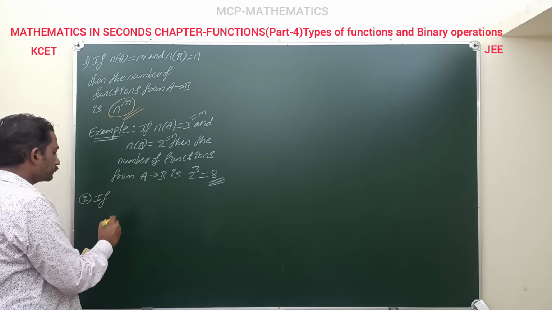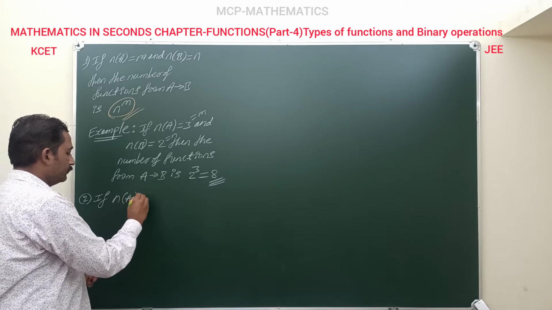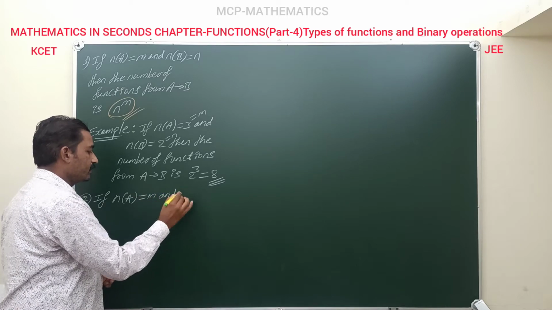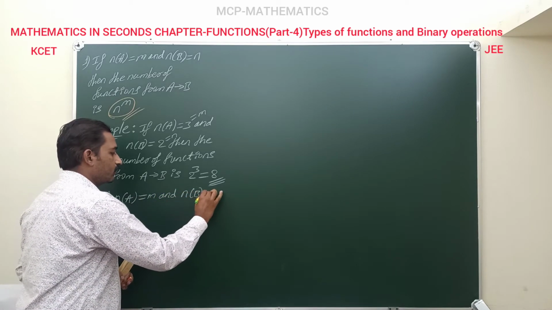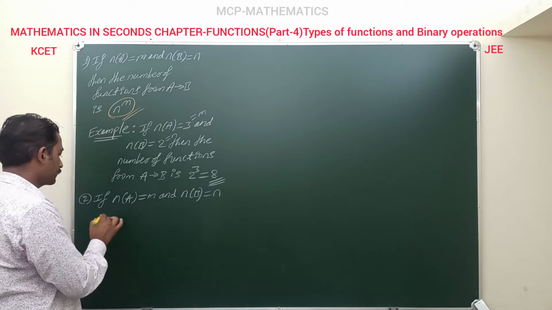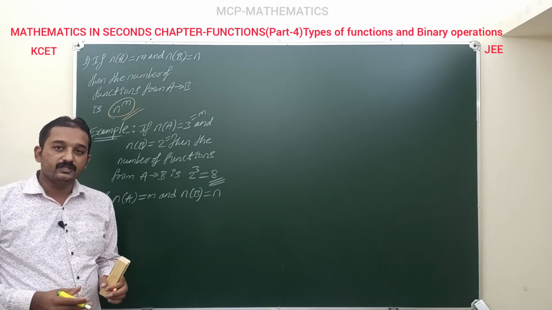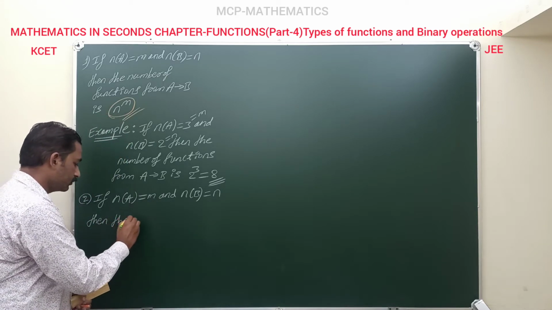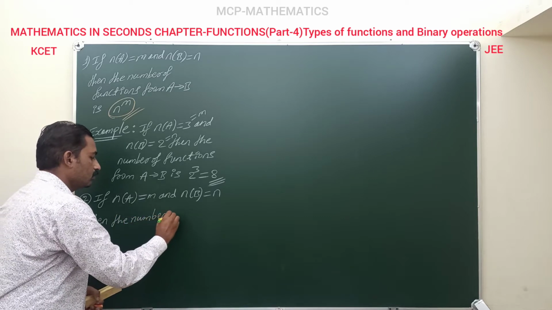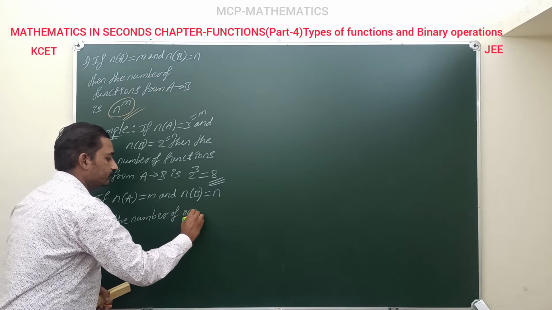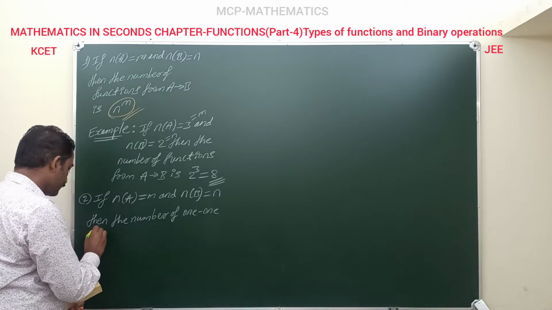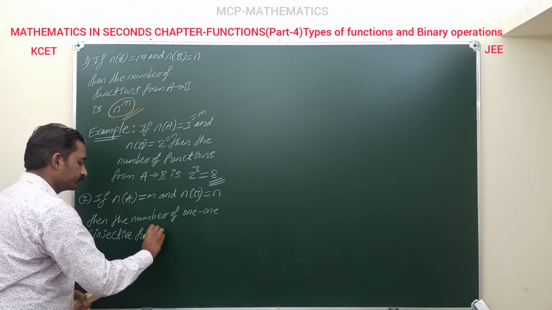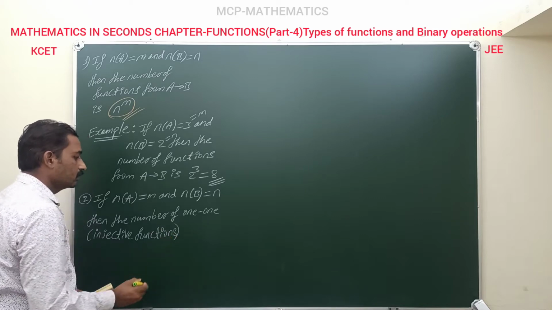If n of A is equal to m and n of B is equal to n, then consider the number of one-one functions, nothing but injective functions.